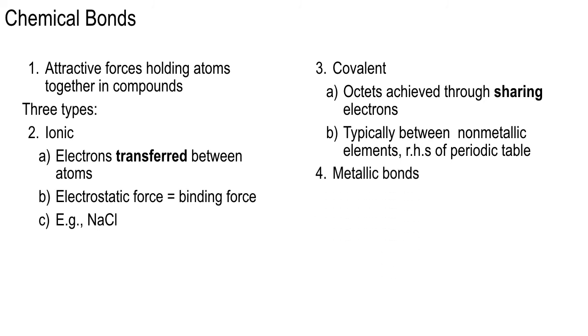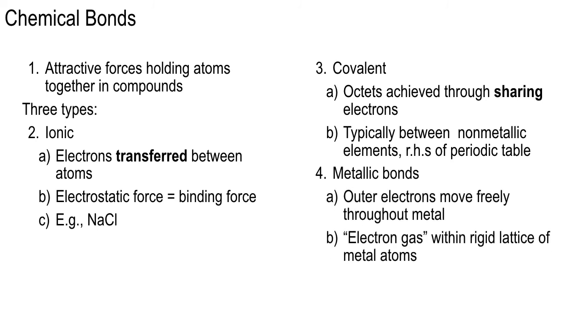Then we have something called metallic bonds, and these are not different elements usually, but a bunch of iron atoms bonded together in a metallic lattice. The outer electrons move freely through the metal, kind of like an electron gas, and that effectively bonds the atoms together.